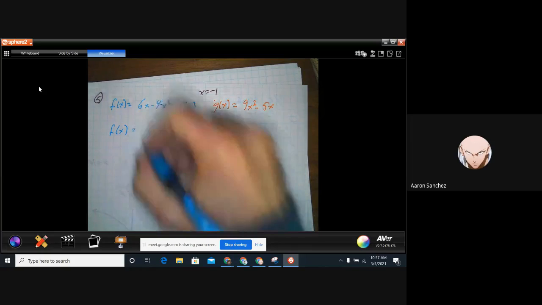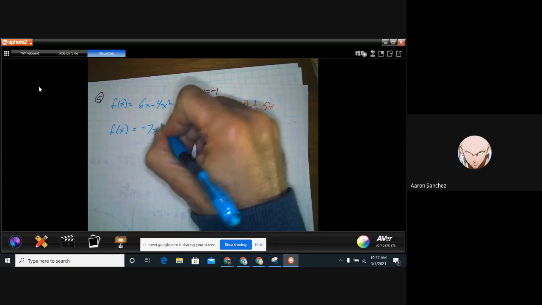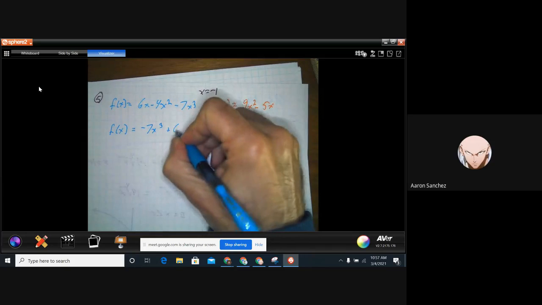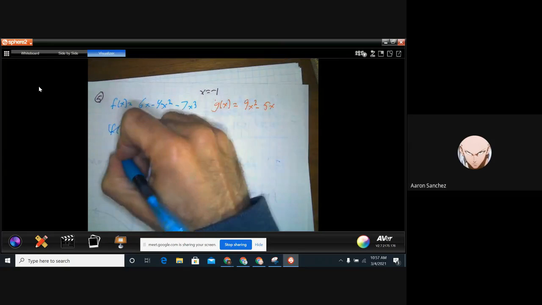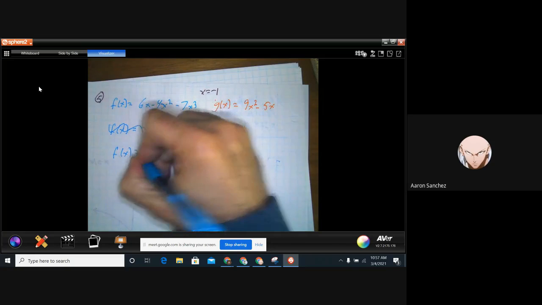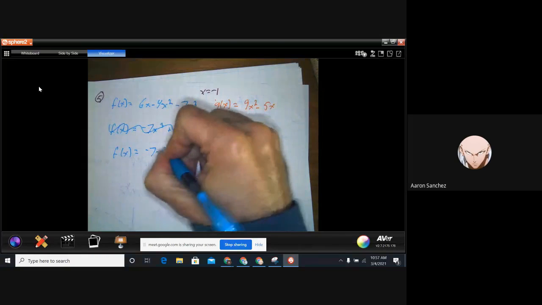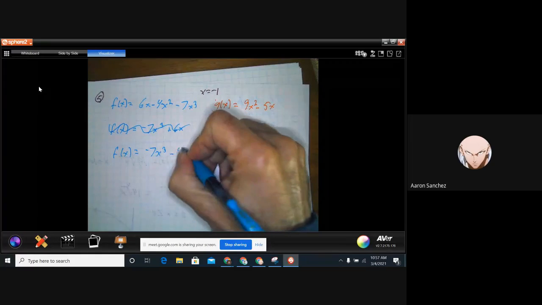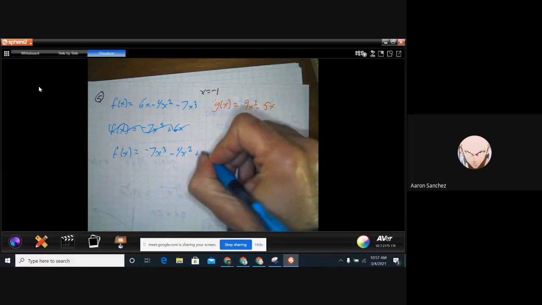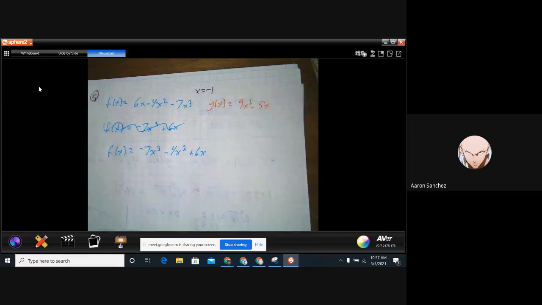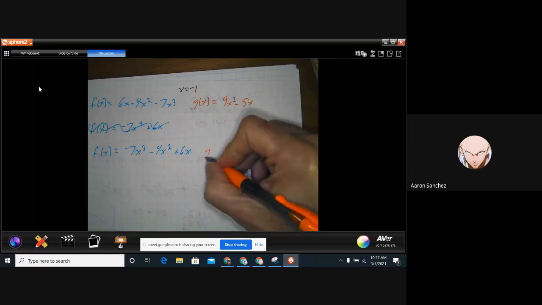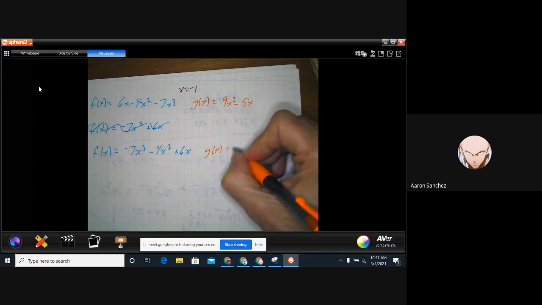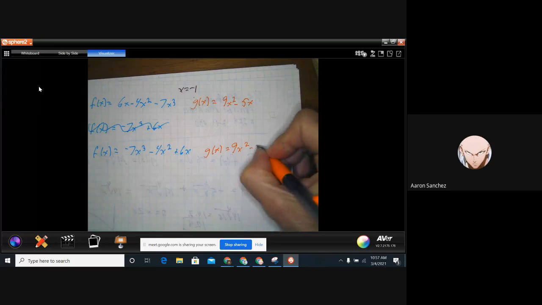F of x equals -7x cubed minus 4x squared plus 6x. And then g of x is equal to 9x squared minus 5x.